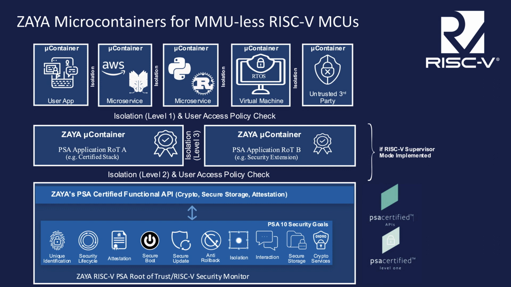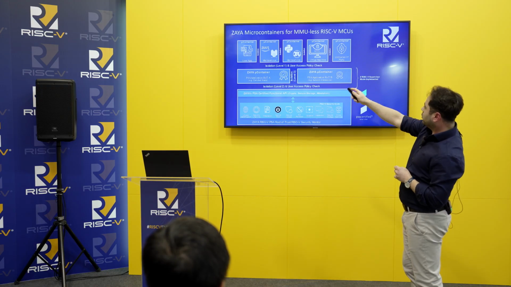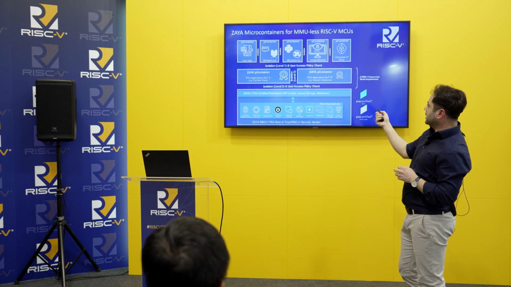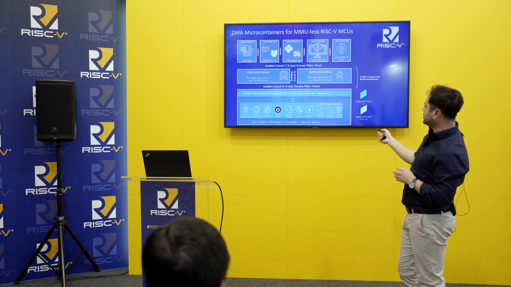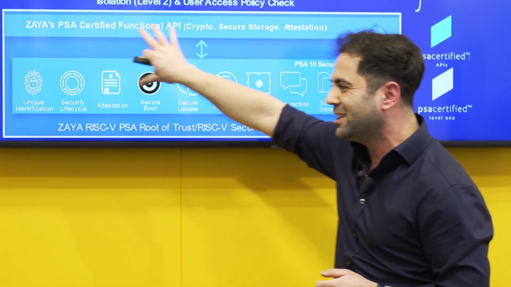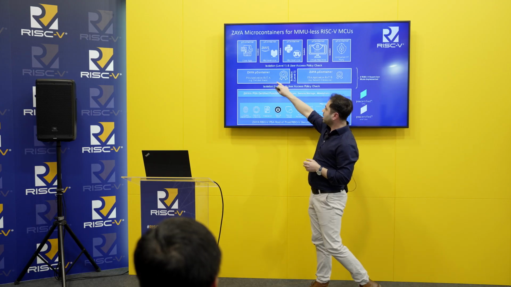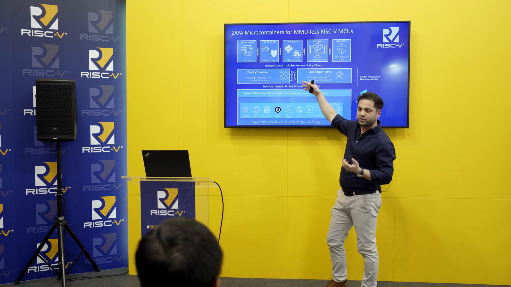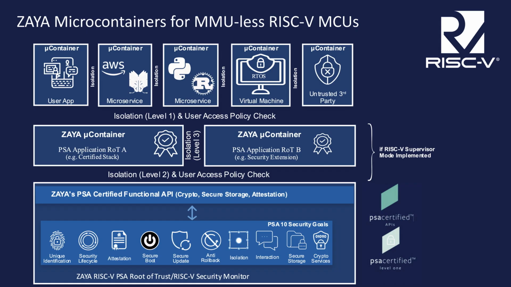Then you can start user app development. So we can say this is user space, this is kernel space. But if you have RISC-V supervisor boot, you can have, if you call it PSA platform root of trust, you can have PSA application root of trust for custom security extensions or certified third-party stacks.